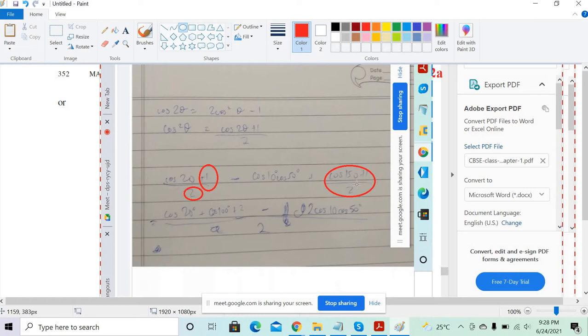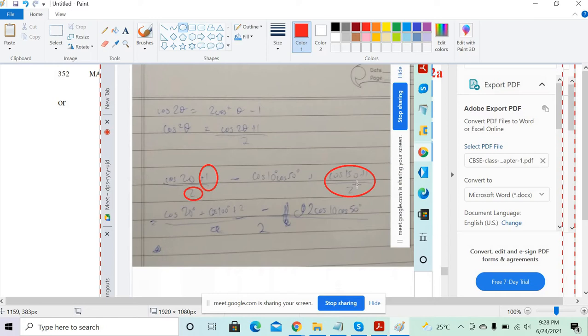Oh wait, cos 60 we have 1 by 2. This and this get cut. So we have cos 40 minus cos 40 plus 1 by 2 by 2. And again we get the same answer.